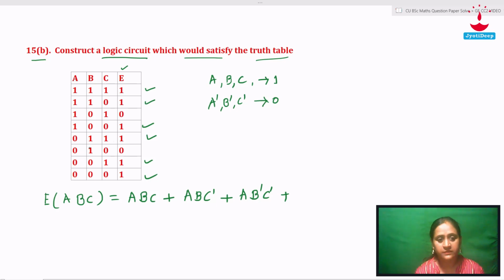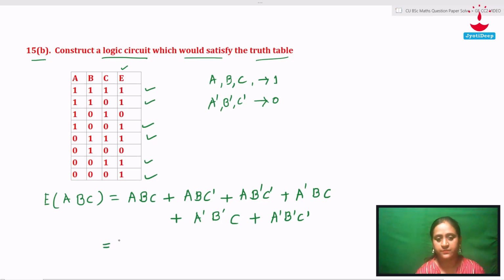For this one 0 1 1, that means A dash BC plus. For this row 0 0 1, it is A dash B dash C plus. For the last row 0 0 0 it will be A dash B dash C dash. Now we are going to simplify this and then we will make the logic circuit.